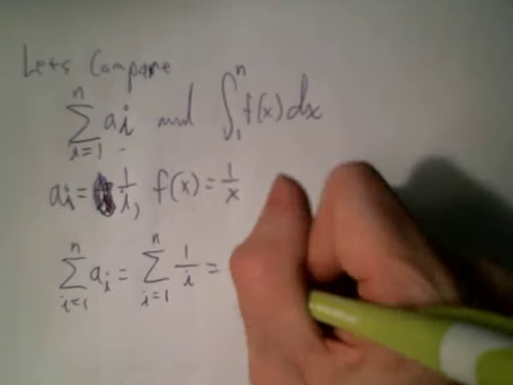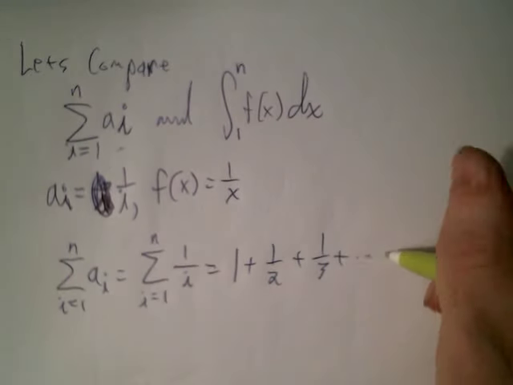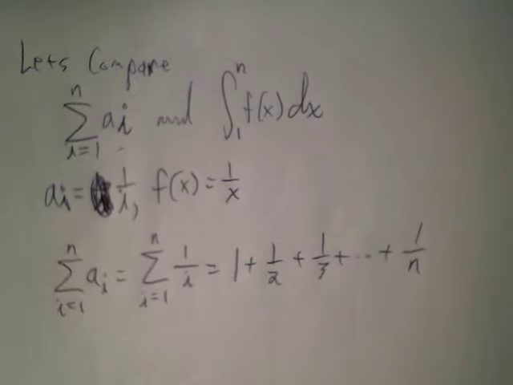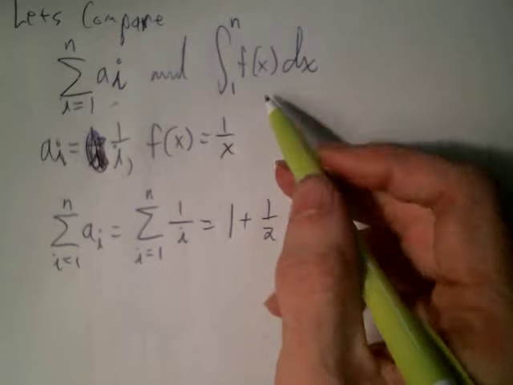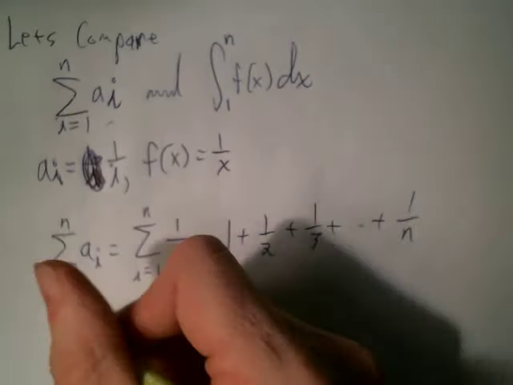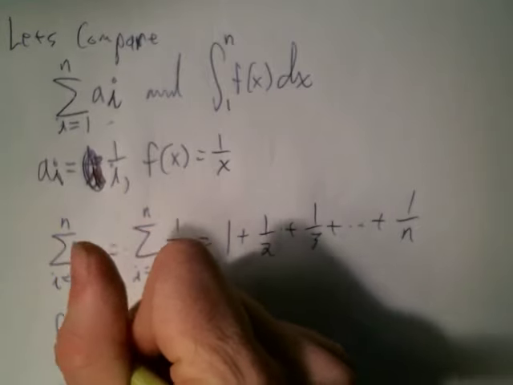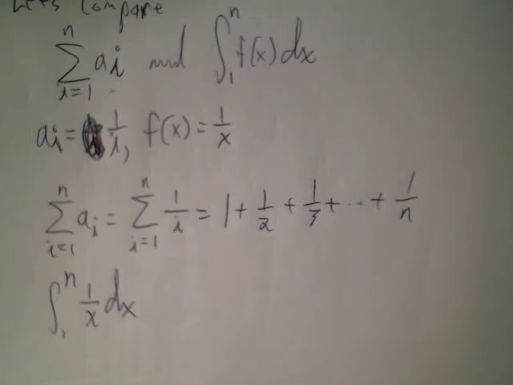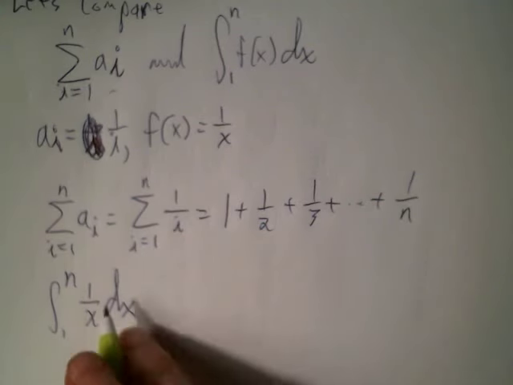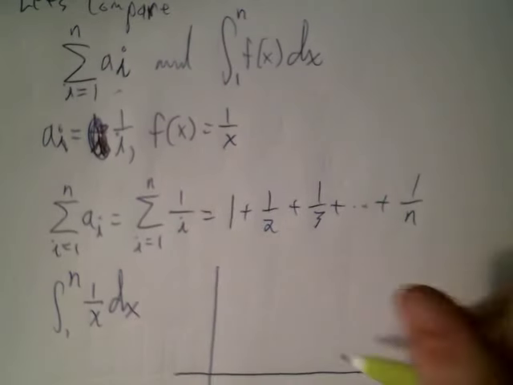This is equal to 1 plus 1/2 plus 1/3 plus dot dot dot plus 1 over n. Okay. And then this other guy, the integral from 1 to n of f of x, in this case, is the integral from 1 to n of 1 over x dx. Rather than integrating it, I'll just consider it as area underneath the curve, right? So we can draw this.